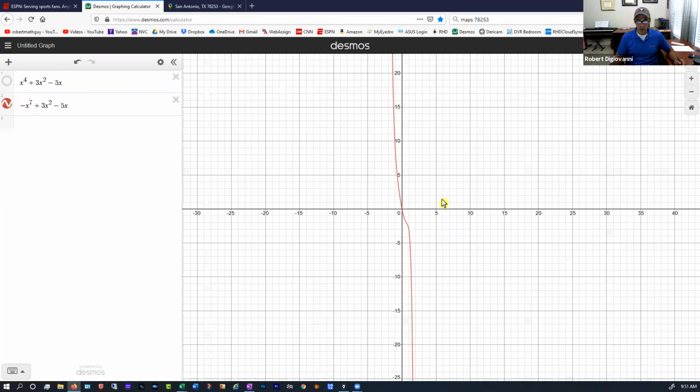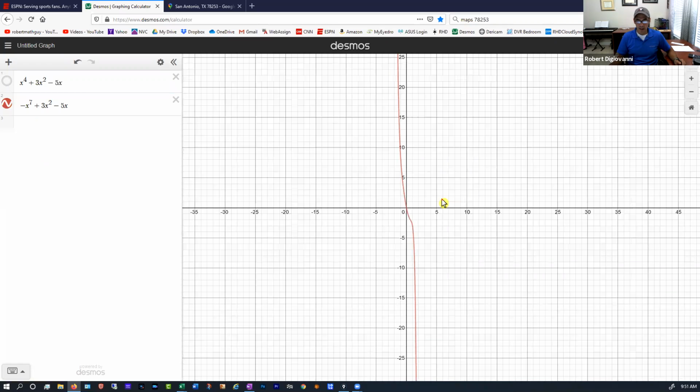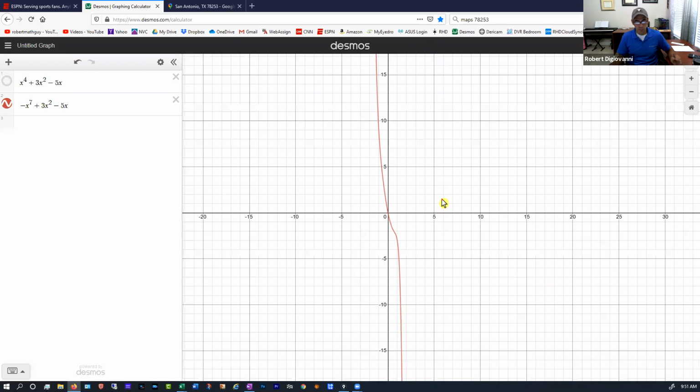But what's happening to the left side now? Doesn't the left side look like it's going up and the right side is now going down? It's like things switched, didn't it? It switched, and that's what's going to happen. A negative in front is going to flip everything.